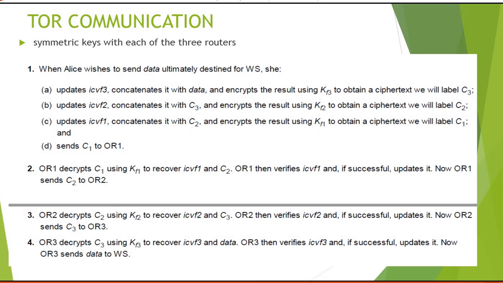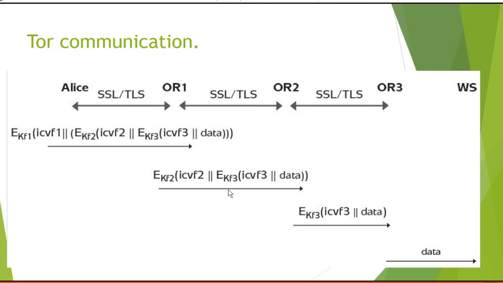So onion router 3 will decrypt, and the response will be transferred to onion router 2. It will be sent in encrypted form, with the integrity check value for the actual message, the data which has to be transferred to the web server.